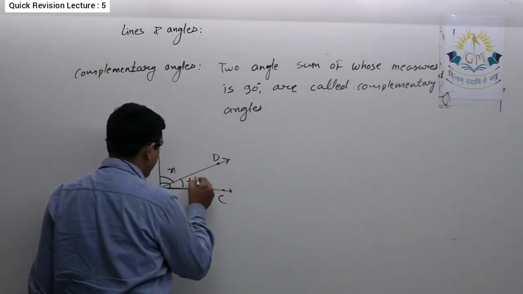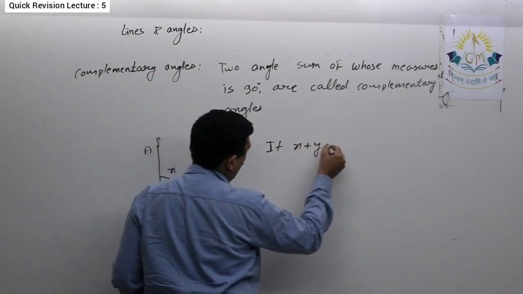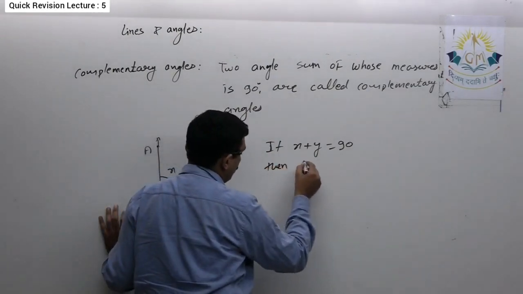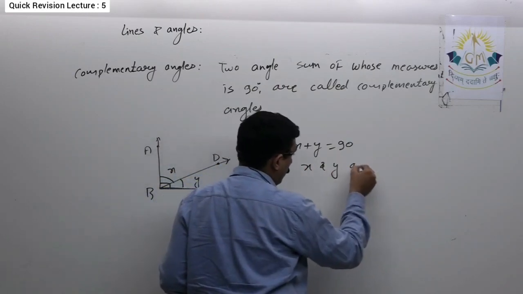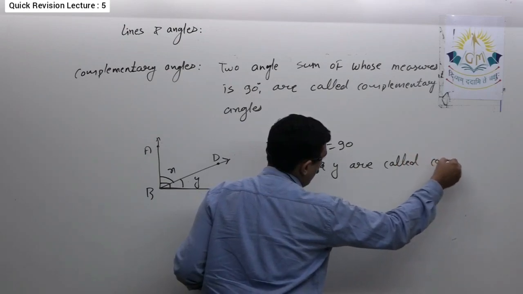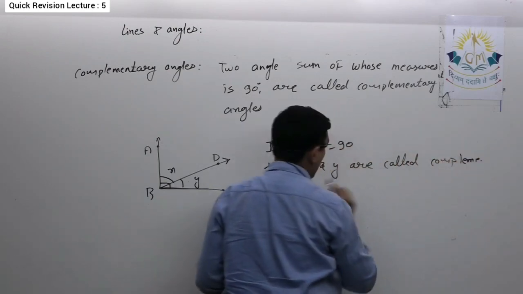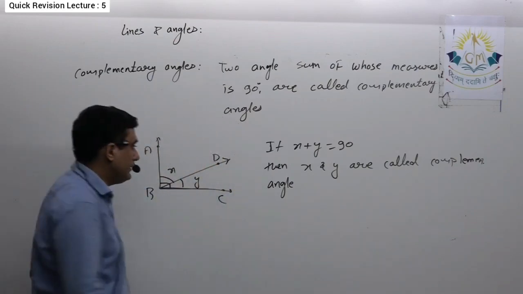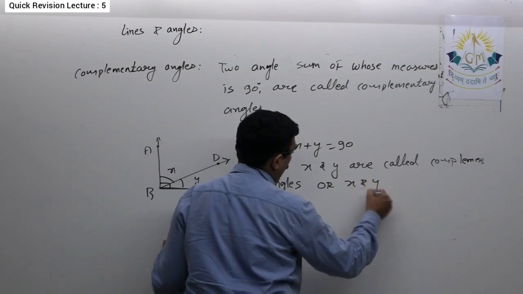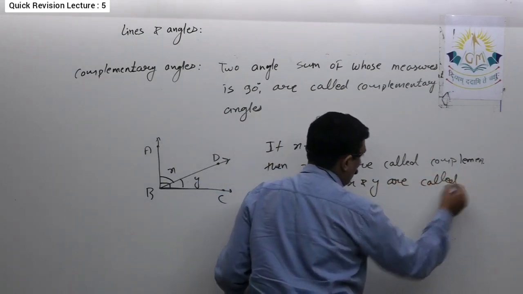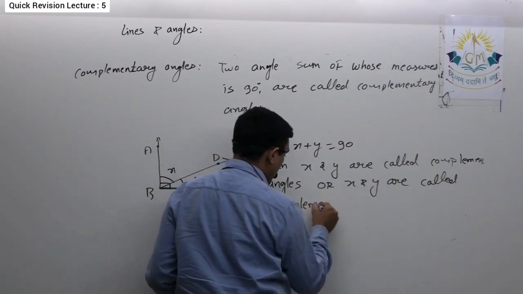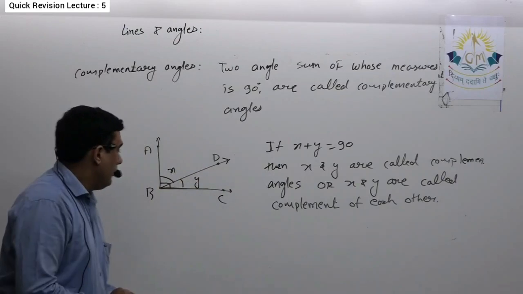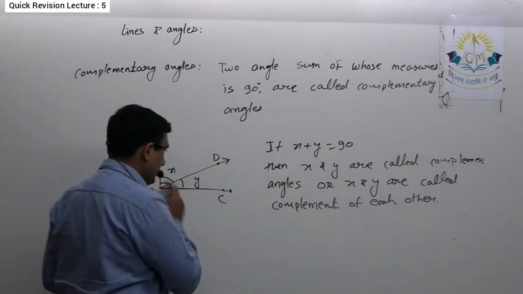So here I can say if x plus y is equal to 90, then x and y are called complementary angles, or we can say x and y are called the complement of each other.